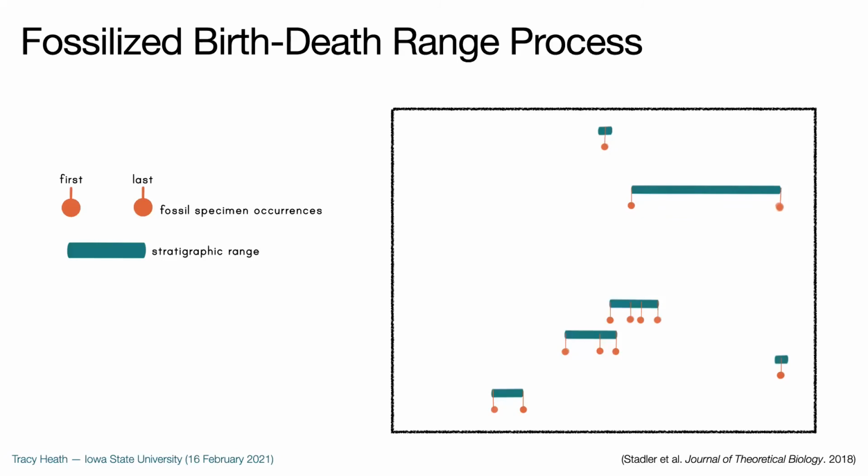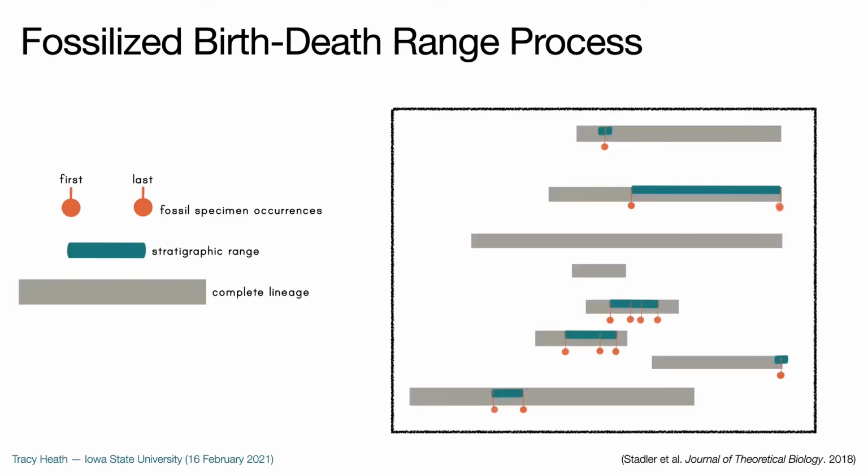So in this FBD range process, we have a model that describes a generating process for a set of observations that are represented as stratigraphic ranges. Here in this cartoon, we have our first and last appearance of stratigraphic ranges and some singletons. What the model does is it accounts for the fact that there are lineages that are unobserved.